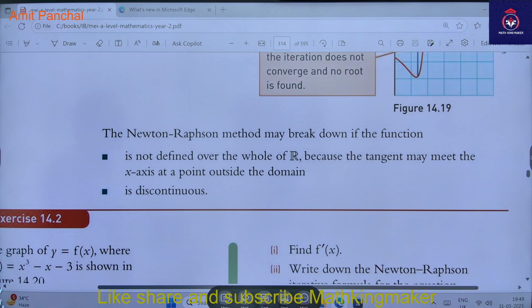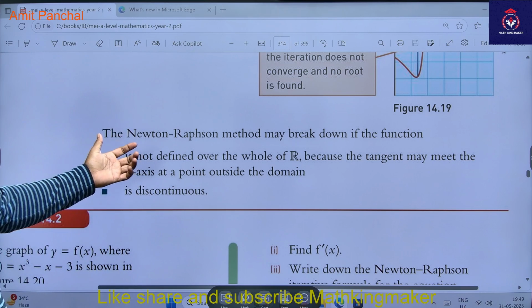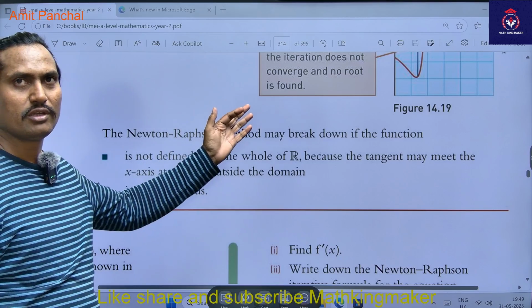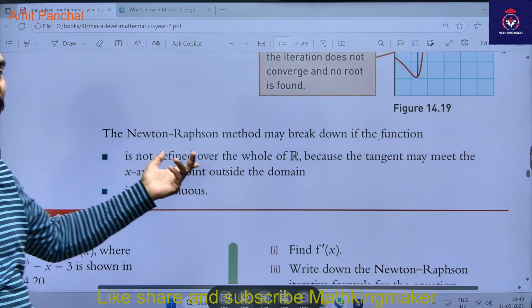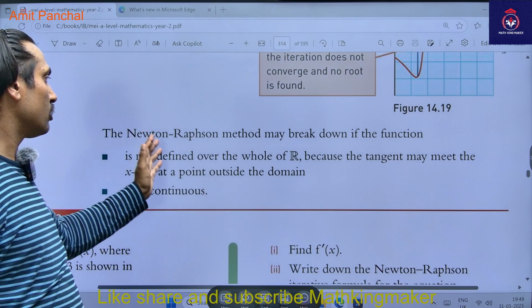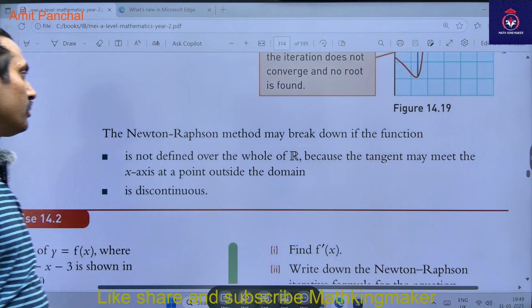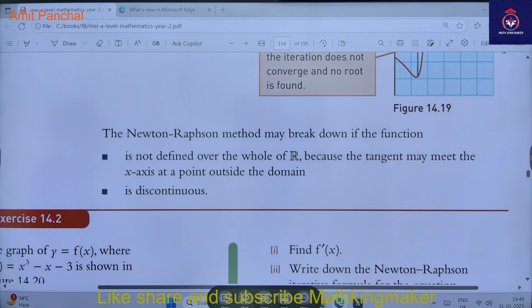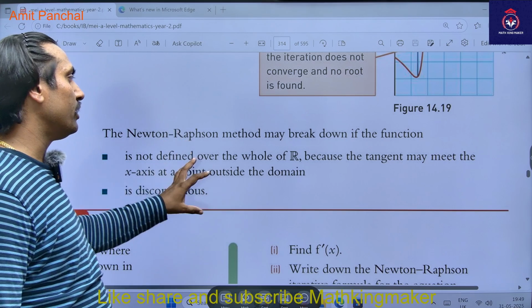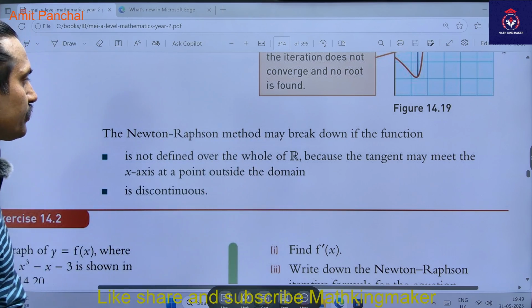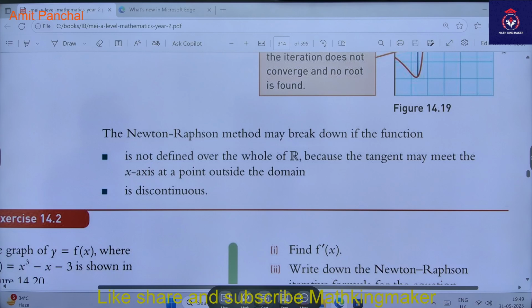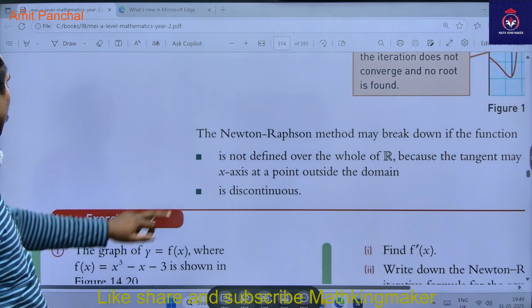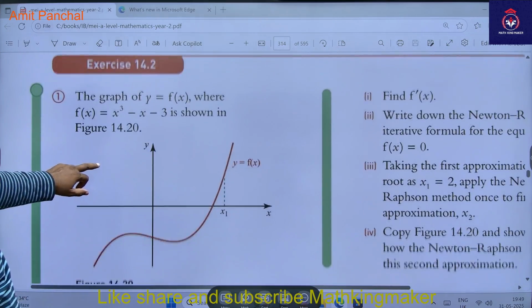In the Newton-Raphson method there is a term like differentiation, so if that differentiation is not defined, then your Newton-Raphson method may break down. That means you have to avoid stationary points. It may be a discontinuous function. Just try this exercise 14.2.